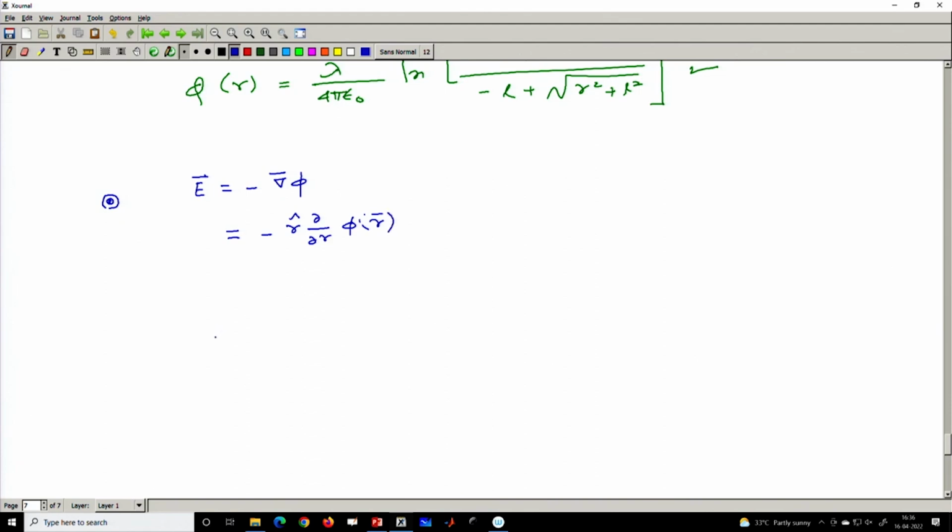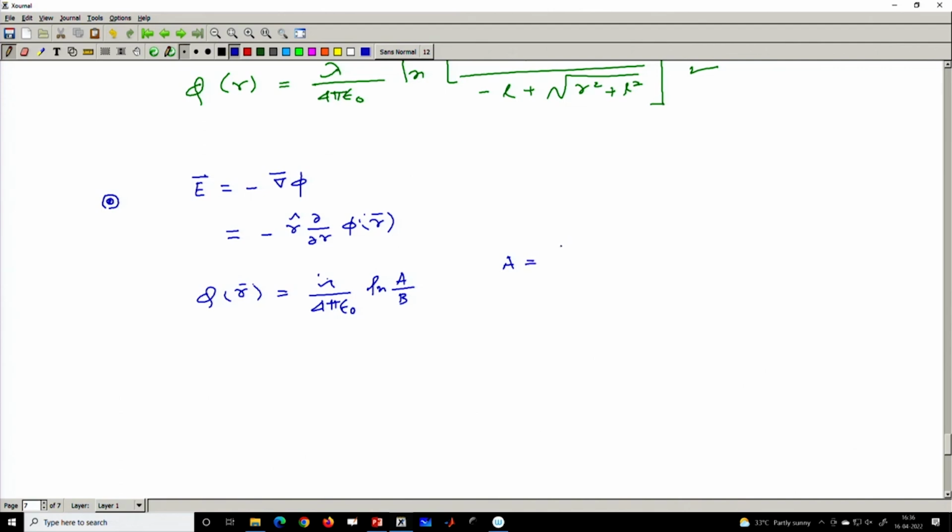Okay. So, now phi R I already calculated, so I can write it in a simpler way. Phi R is lambda divided by 4 pi epsilon 0, and then ln A divided by B. What is A here?